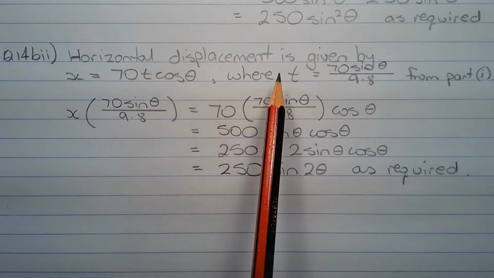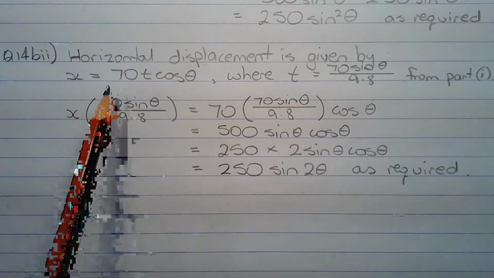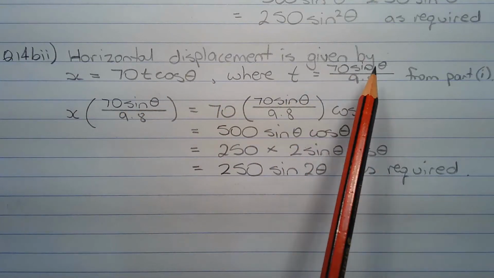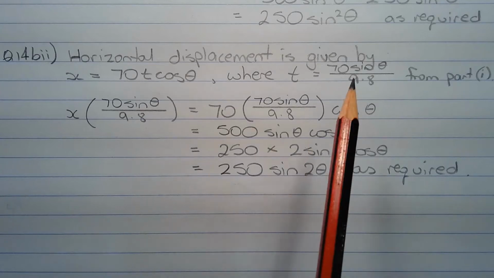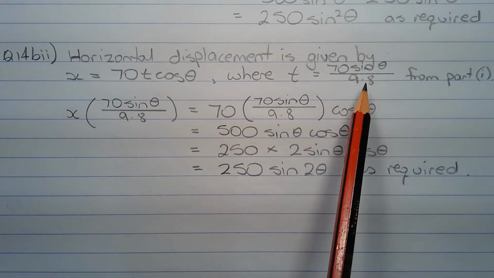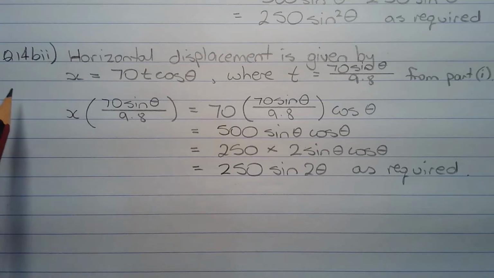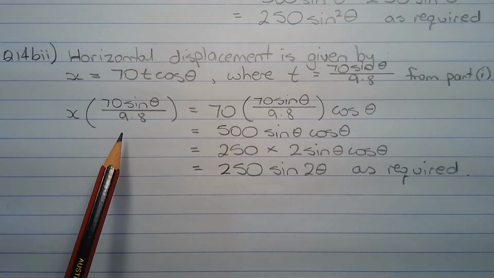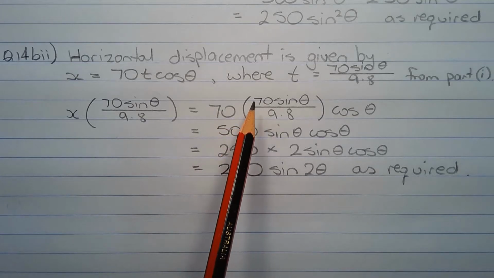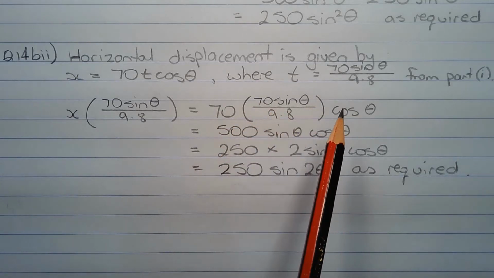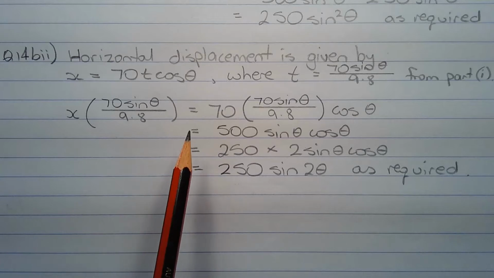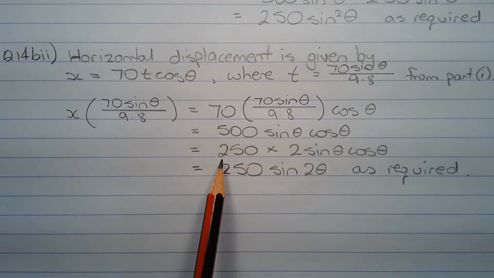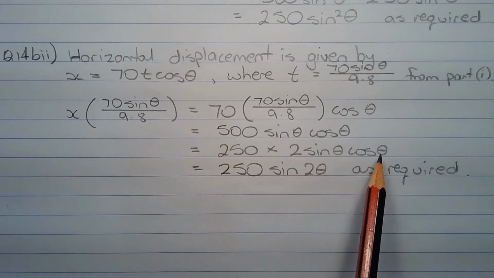The horizontal displacement is given by x equals 70t cos theta, where t is equal to 70 sine theta over 9.8 from part 1. So substituting 70 sine theta over 9.8 for t into the horizontal displacement equation, we have x of 70 sine theta over 9.8 is equal to 70 times 70 sine theta over 9.8 times cos theta, and that equals 500 sine theta cos theta, which equals 250 times 2 sine theta cos theta.